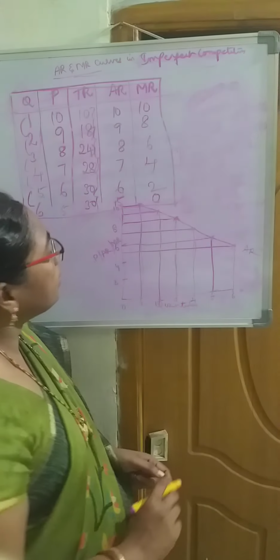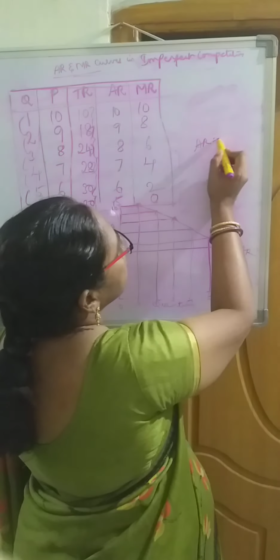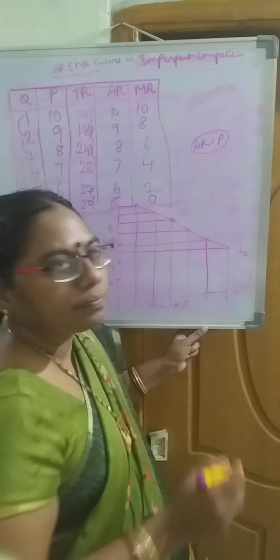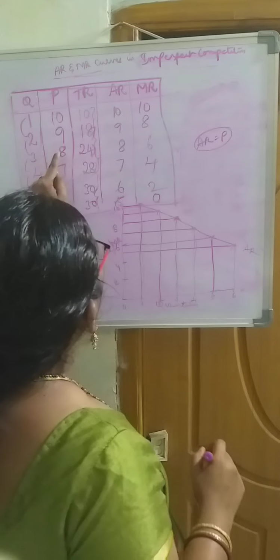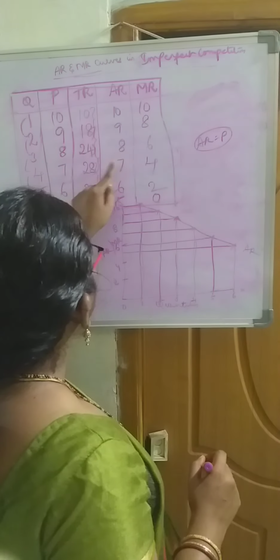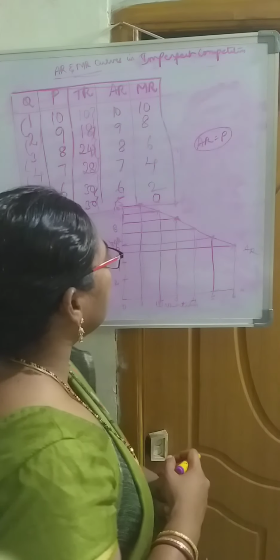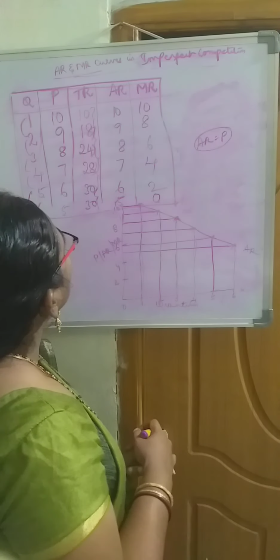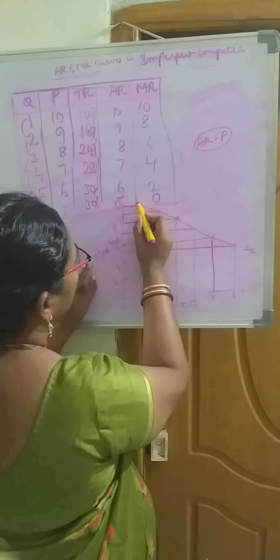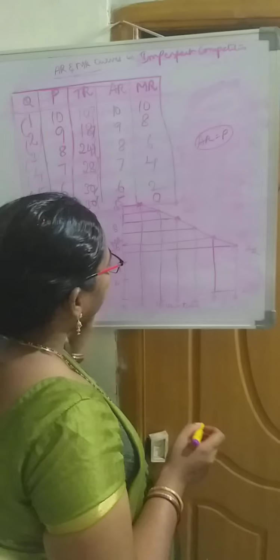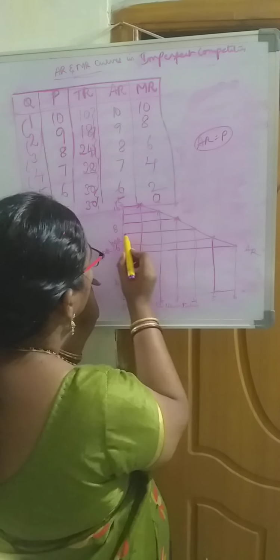Okay. Now we'll take the MR curve. And I've told you before, AR is equal to P. See here, P: 10, 10, 9, 9, 8, 8, 7, 7, 6, 6, 5, 5. AR and P are equal. Now to draw MR, for the first unit, MR is 10. So the point is here. The second unit, MR is 8.